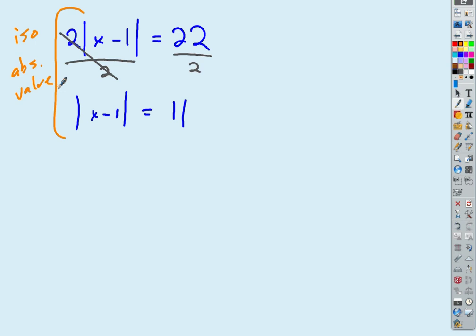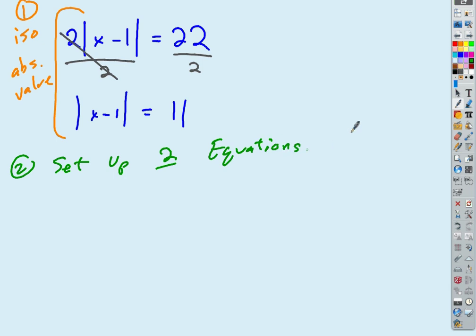The next part is, if this is part 1, part 2 is set up 2 equations. And here's the important thing: 2 equations and there's going to be no absolute values there. Setting up 2 regular equations.